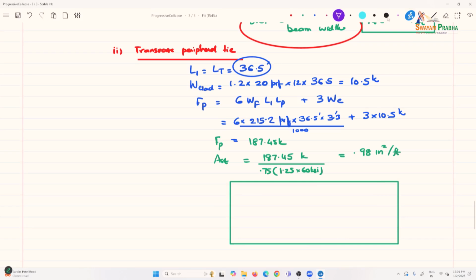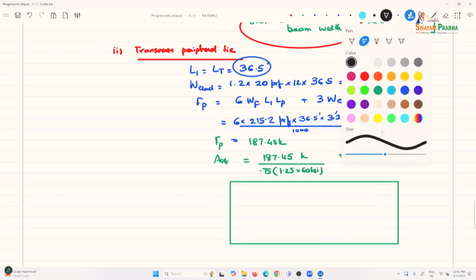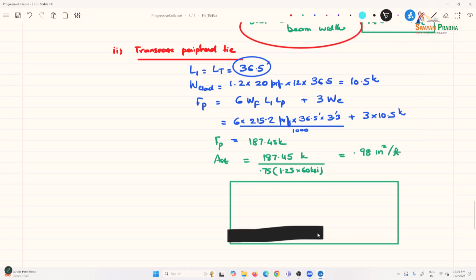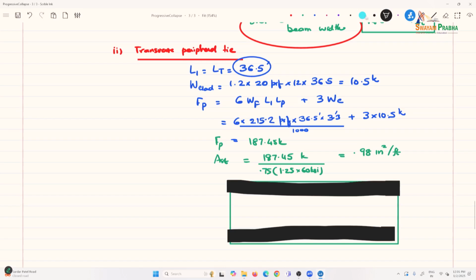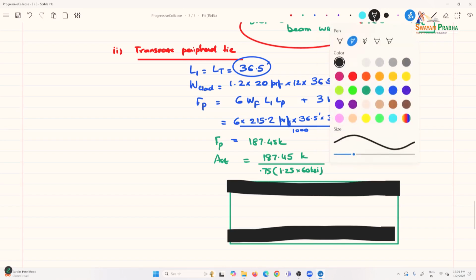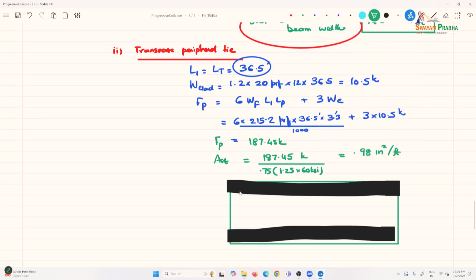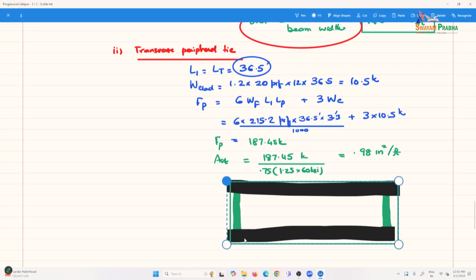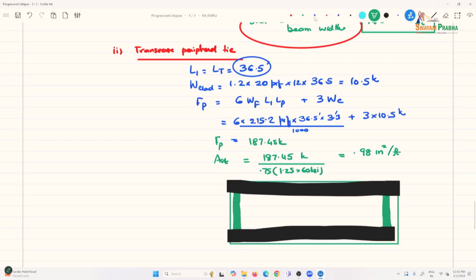if we look at, let's say, this region, and let me change it to another color here. So this is outside. So here you're providing 0.98 square inch per foot.